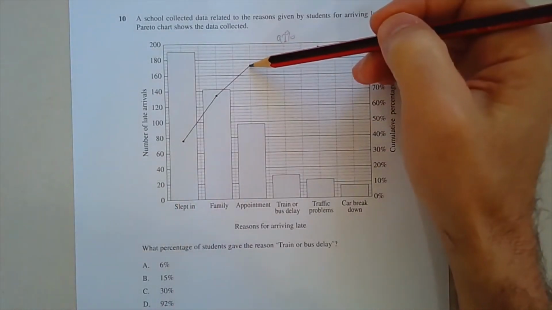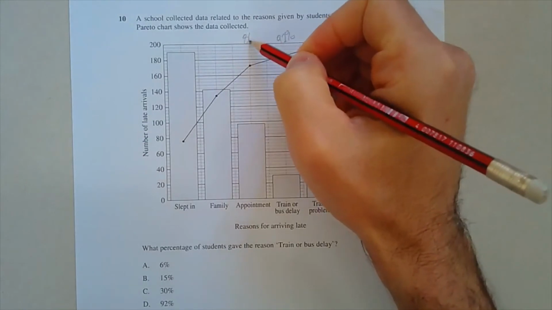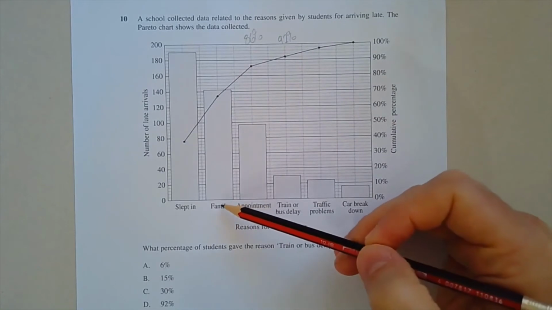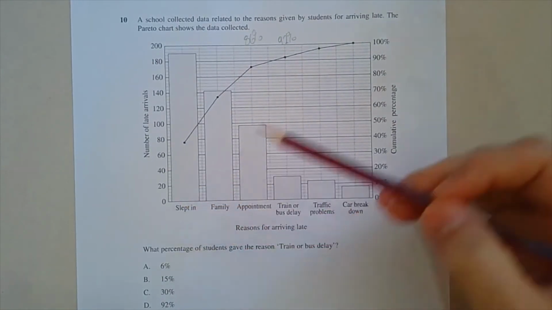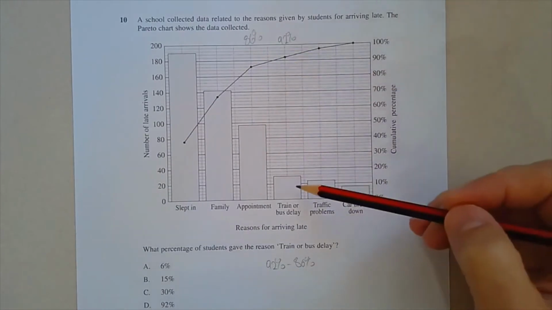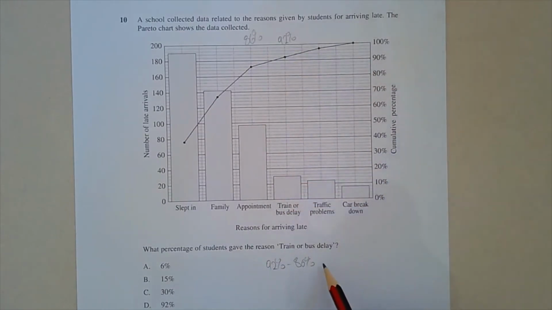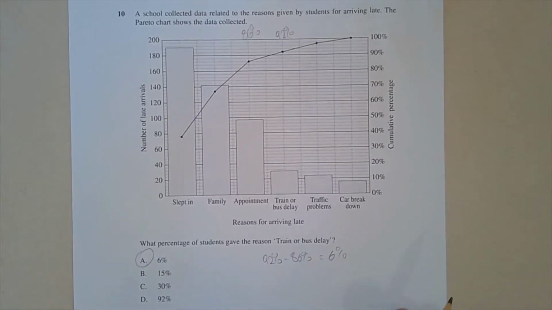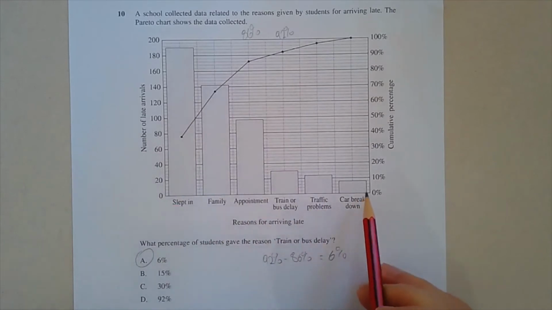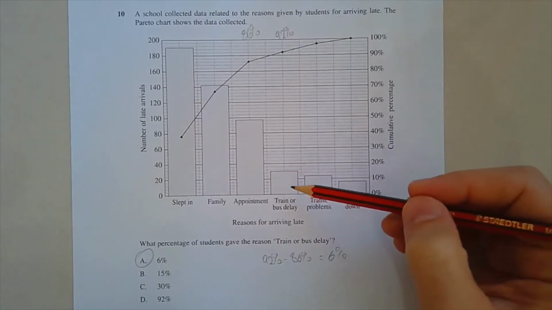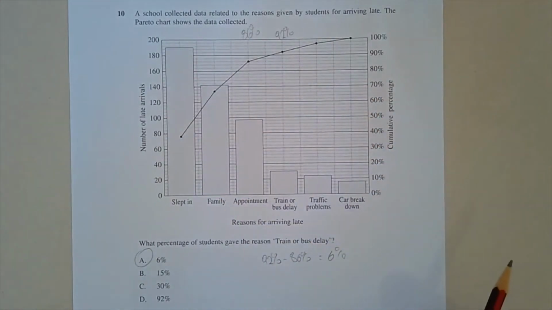This point here is 86%. And this 86% refers to appointment, family, and sleeping in combined. So 92% minus 86% will give you the percentage contributed by just train or bus delay alone, and that'll be 6%, which is option A. Now, the other way you could do this is to add up all the columns individually, get a total, and then divide train or bus delay by the sum of all these columns, but that'll take you a lot longer.